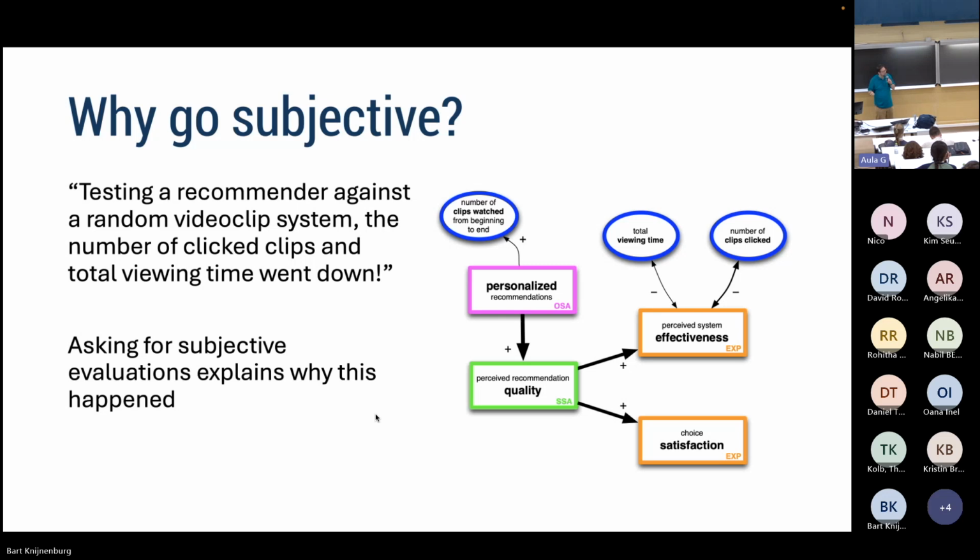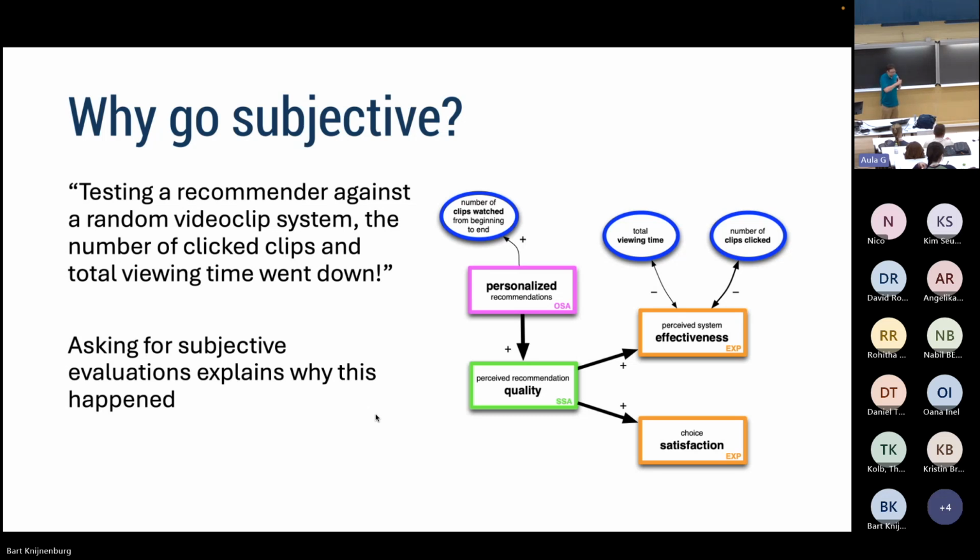Okay, let's see what happens here. So we actually did some subjective evaluations. We asked users about the quality of their recommendations, right? Literally asked them questions. And we found that people in the state-of-the-art algorithm condition found the quality of the recommendations higher than people in the random condition. That's a good thing, right?